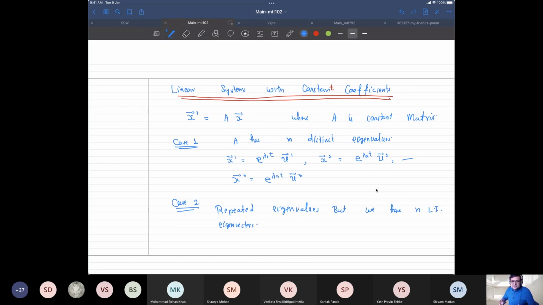And in this case also it doesn't matter. It's exactly the same case. In this case, you go back to this one, because some of these lambdas might turn out to be equal to each other, but because these vectors are linearly independent, there is no issue. Okay, so you will get exactly the same case.